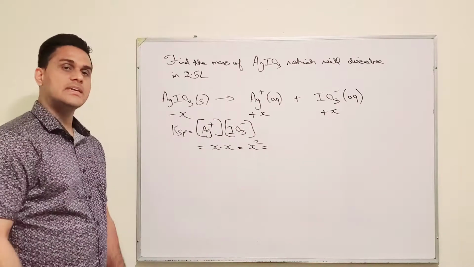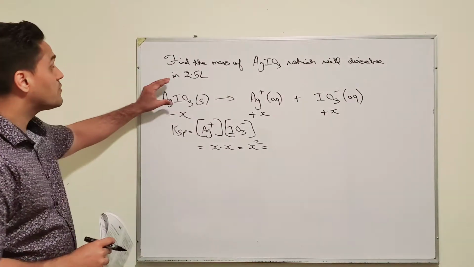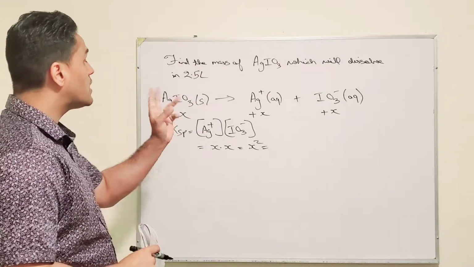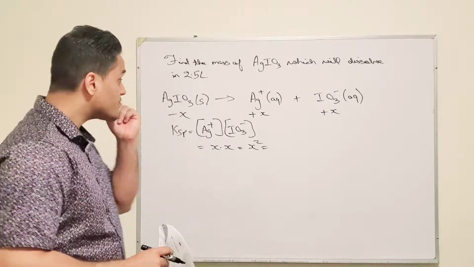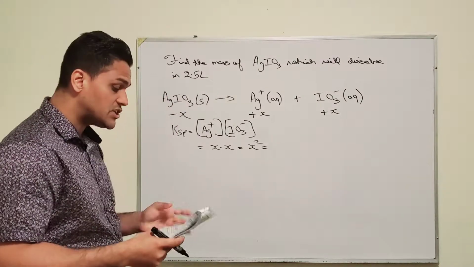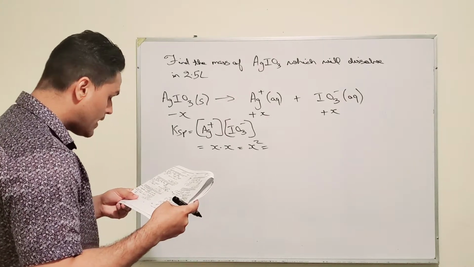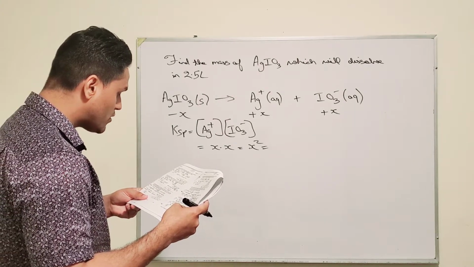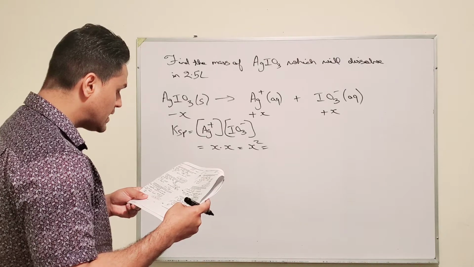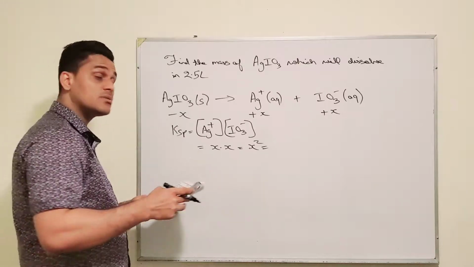And we're going to make that equal to our KSP of AgIO3. So you're going to look on your solubility chart, and you're going to get the KSP of AgIO3. Now, just to save some time, I see that the KSP of AgIO3 is 3.2 times 10 to the power minus 8.